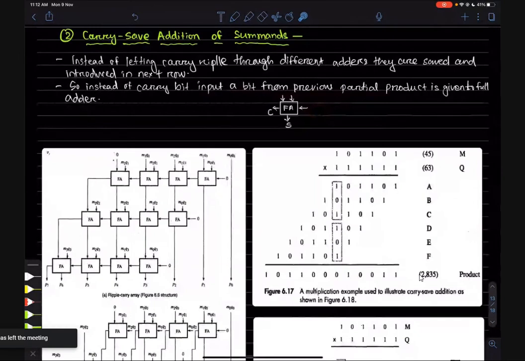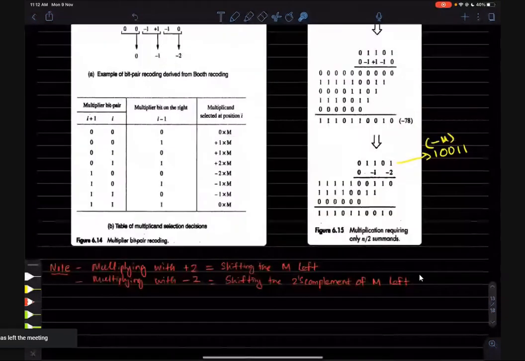Suppose we are doing this type of multiplication, and whenever we add these two numbers, a carry is generated in this partial product. If we add these two, we get a carry, because 1 plus 1 is 10. Previously we wrote 0 here and added 1 to this row. Now we will save that carry somewhere and just add these things.